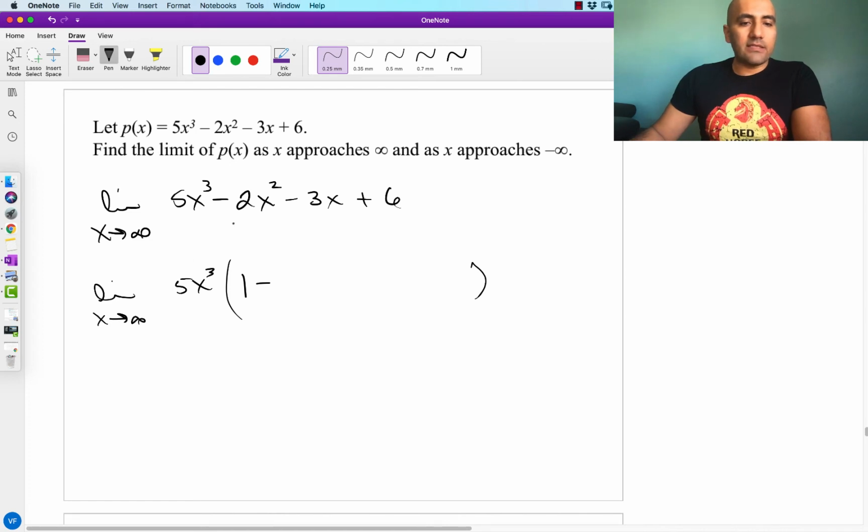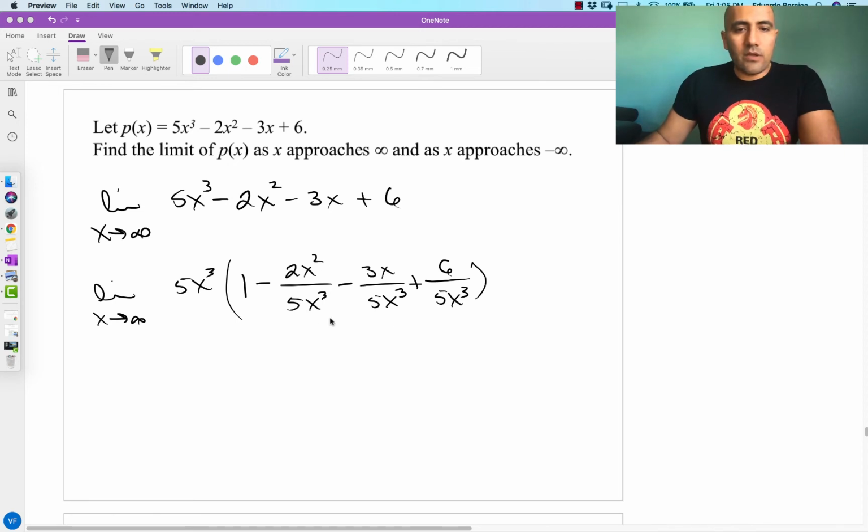I want this times blank to be equal to that thing. So I'm just going to do this, x squared divided by 5x to the 3rd power. I know that when I distribute, the denominator and this term will cancel, giving me just that one. So it's just a little algebraic trick. I get this over 5x to the 3rd power plus 6 over 5x to the 3rd power.